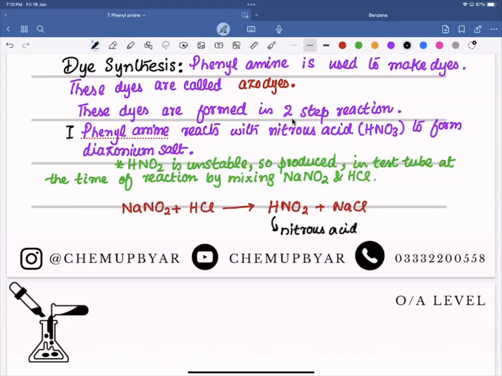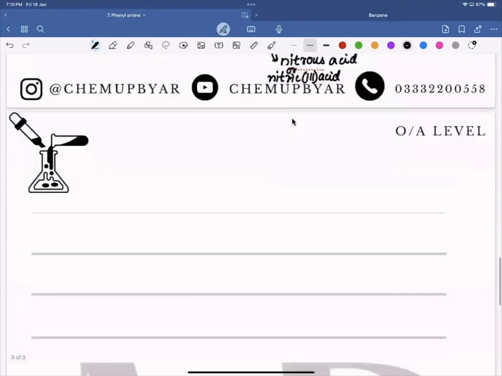We call it nitrous acid, or it is also named nitric 3 acid. Okay, is this clear? Yes, sir, clear.